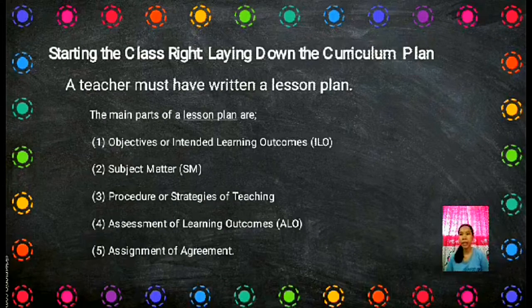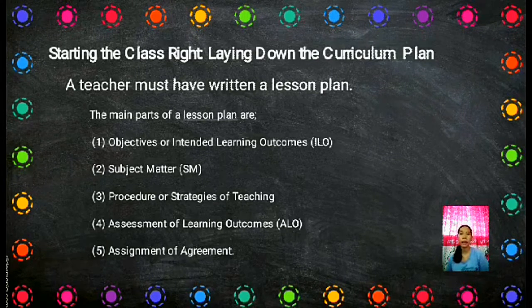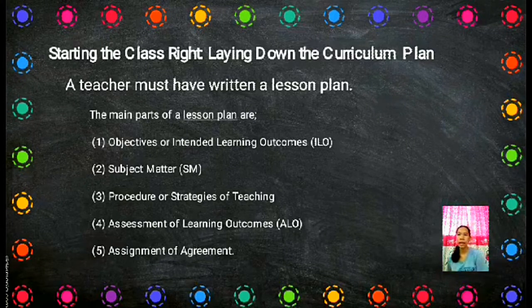Starting the class right, laying down the curriculum plan. A teacher must have a written lesson plan. So before the class begins every day, the teacher must have a written lesson plan. And why? It's because the lesson plan serves as a guide to us teachers in delivering our lessons in the classroom.